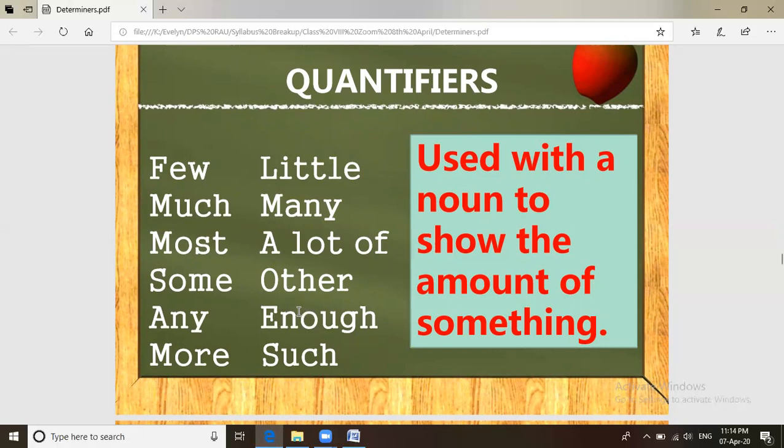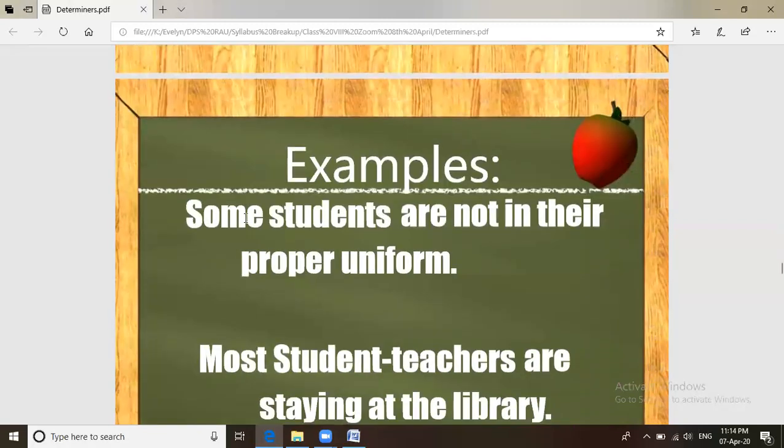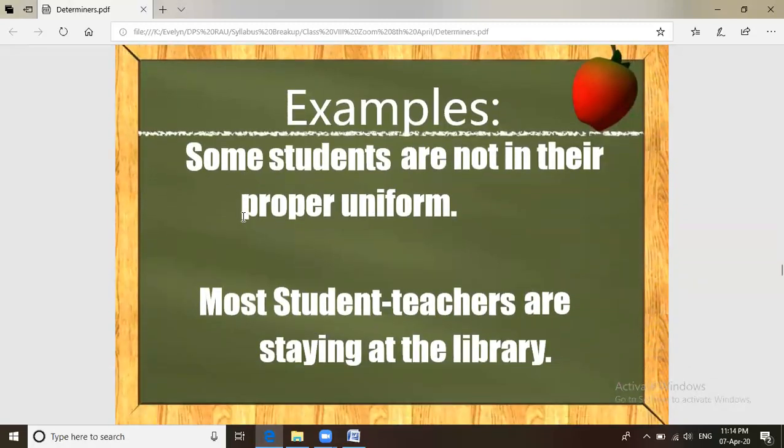These are just words which you put before the nouns to give an idea about the quantity. The examples are: some students are not in their proper uniform, most student teachers are staying at the library. So the word most and the word some here are determiners. They are giving you an idea as to how many students or how many student teachers.